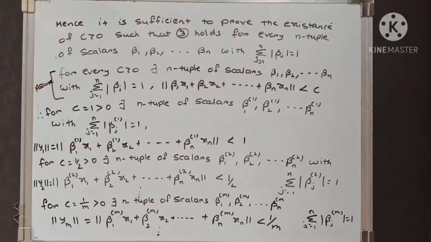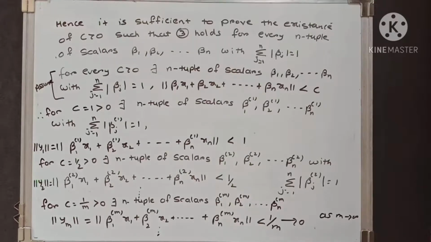Now here, as we get, norm of ym equals norm of beta 1m x1 plus beta 2m x2 up to plus beta nm xn. Now this is less than 1 by m, and as this continues, therefore as m goes to infinity, 1 by m goes to 0.